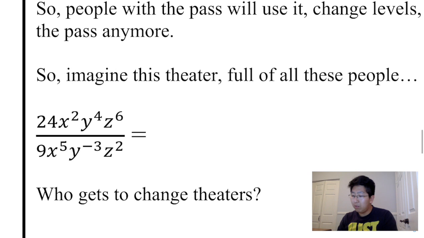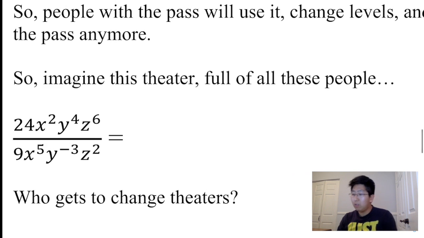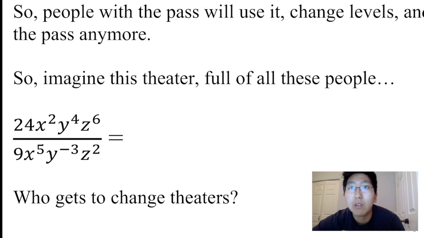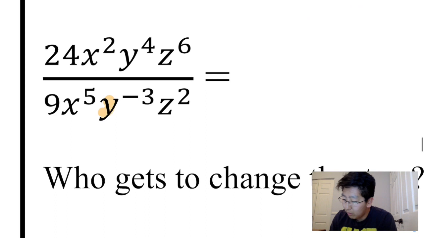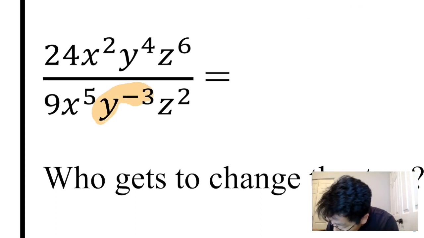So imagine this theater full of these people. 24 x squared, y to the fourth, z to the sixth, right? And that's all over 9x to the fifth, y to the negative third, z to the third. Right there, they have the special ticket. So what I'm going to do is highlight our friend who has the special ticket.